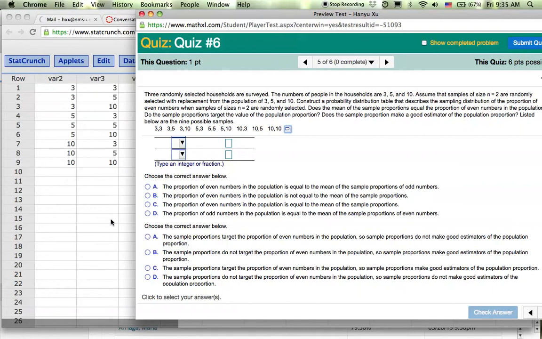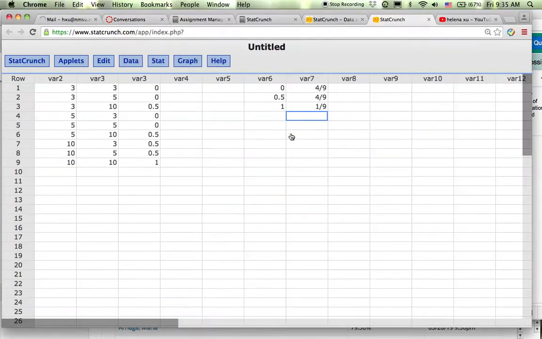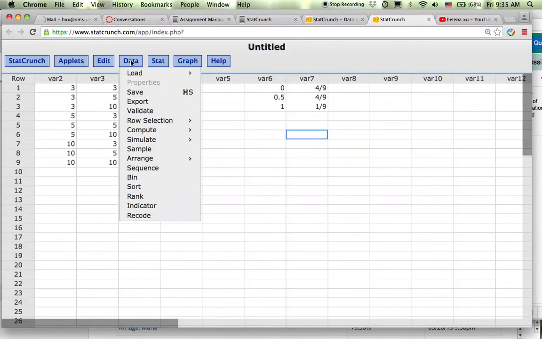So first you need to calculate the mean of the sample proportion. In other words, you want to calculate the mean from this probability distribution. So what you do is multiply the number in the first column with the number in the second column, and then add them all up.